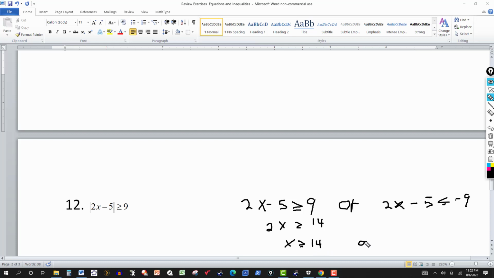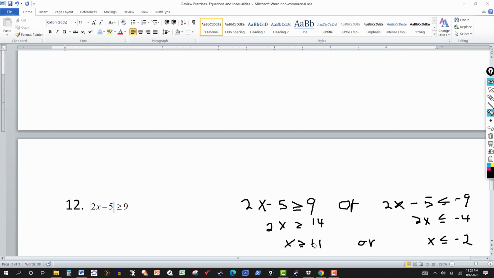Or over here, adding 5 again to both sides, we get 2x less than or equal to -4. Divide both sides by 2, we get x less than or equal to -2.